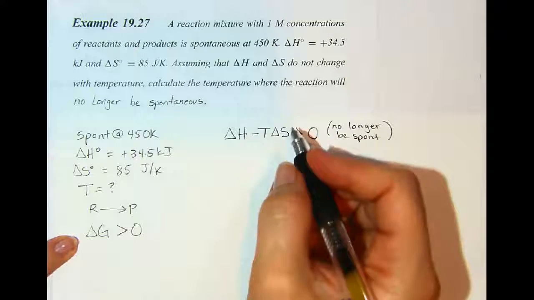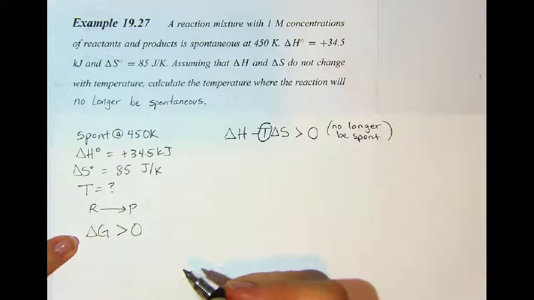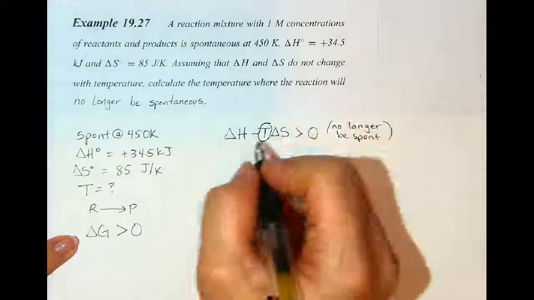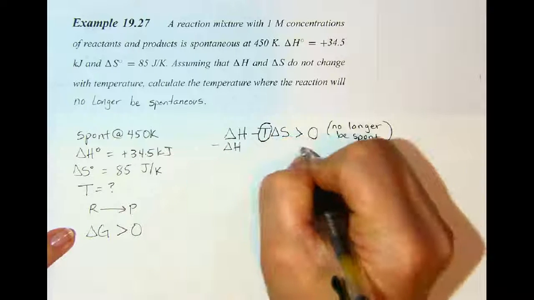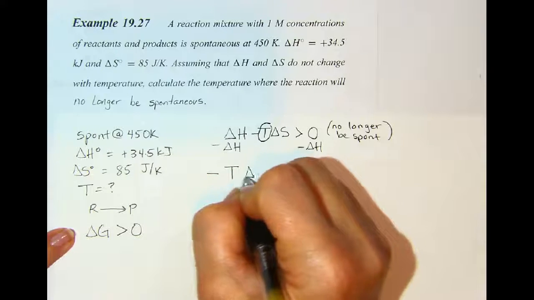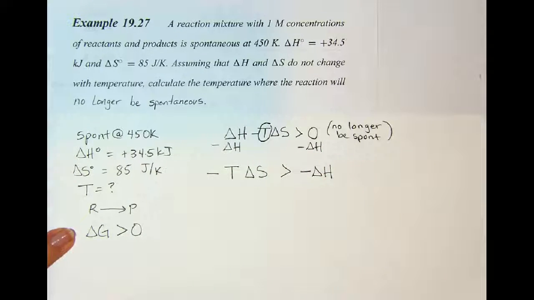So now I'm going to be solving for the temperature at which this occurs. So let's go ahead and rearrange this equation and set it to solve for T. First, I'm going to subtract delta H from both sides of the equation, and so we'll get negative T delta S is greater than negative delta H.